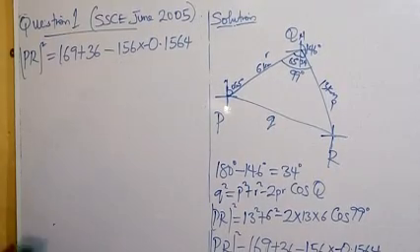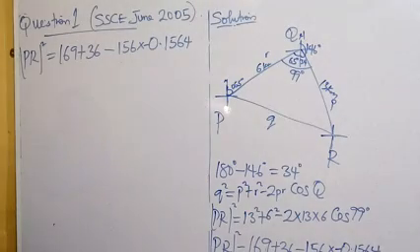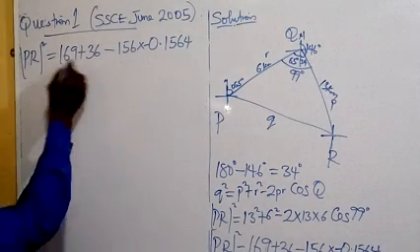The value of cos 99 is minus 0.1564. So let's add these two together.